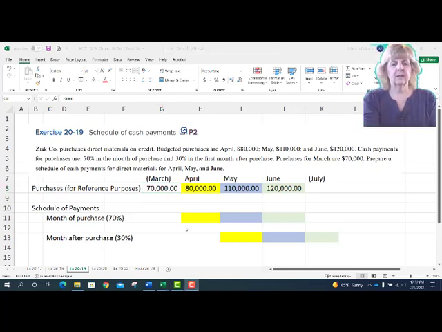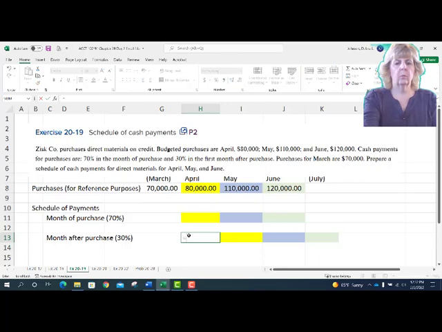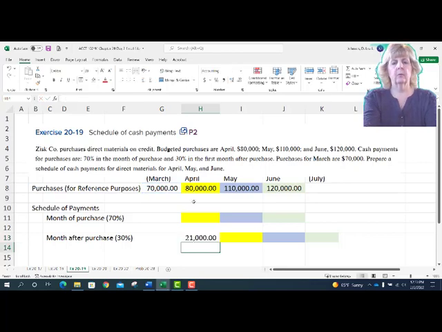So the $70,000 of purchases that occurred in March, 30% of that would be paid in the following month. So let me go ahead and compute that. And we'll start fresh with the data for April, May, and June.